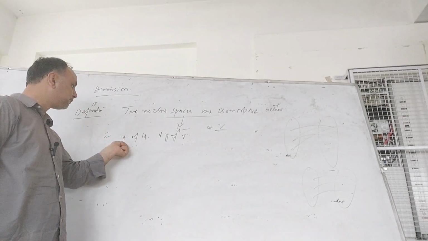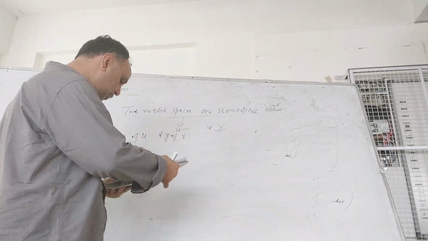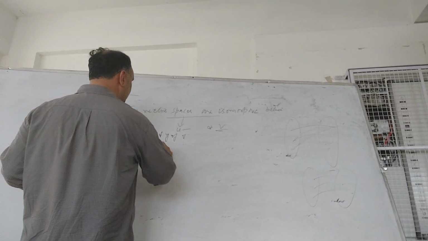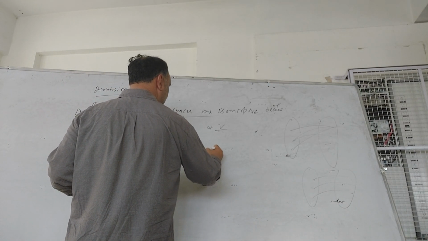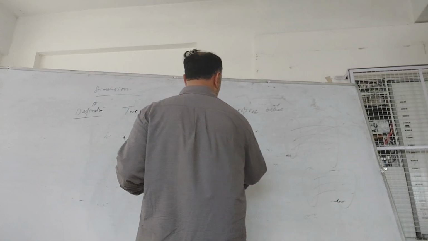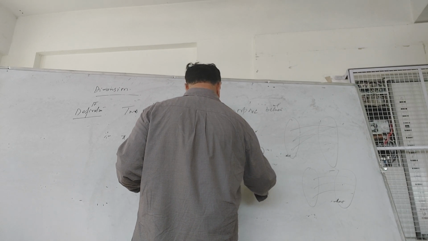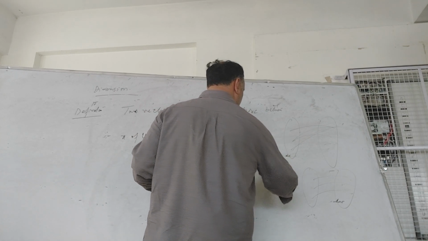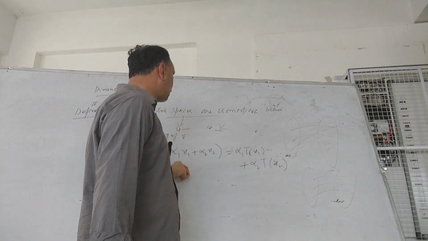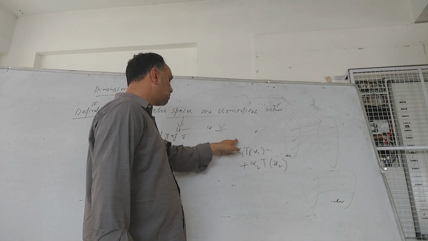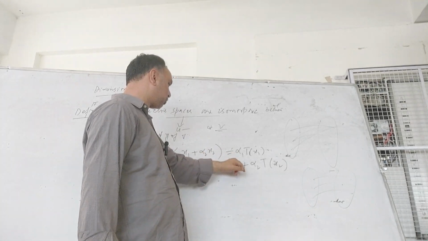So elements of one vector space and another vector space obey this linearity property: T of alpha 1 x1 plus alpha 2 x2 is equal to alpha 1 times T x1 plus alpha 2 times T x2. Got the point?